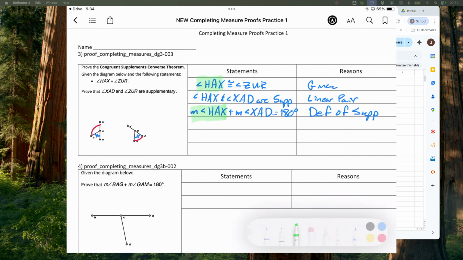So what we need to do next, and we could have done this earlier, is convert that first statement to say the measure of angle HAX is equal to the measure of angle ZUR. The timing of when you do this doesn't matter. You just have to convert them to measure statements at some point. And so that is definition of congruent.